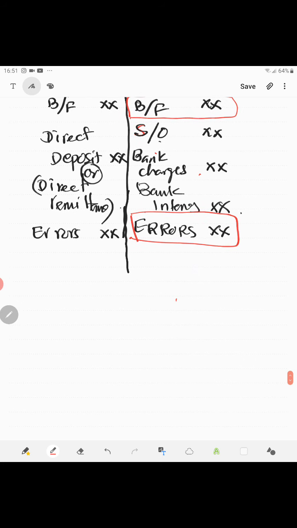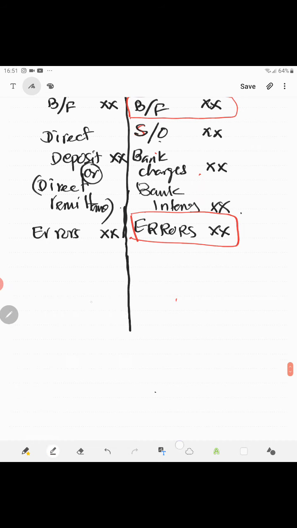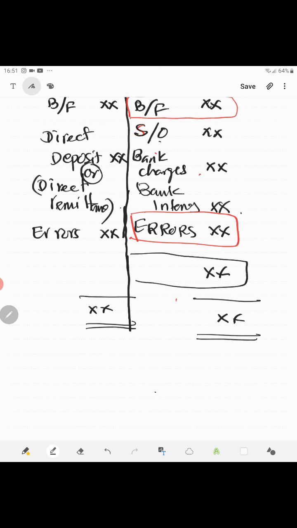Now once we balance this, we then will have a closing balance. For the sake of convenience, I would assume it's a favorable balance. So I will write here balance carried forward.